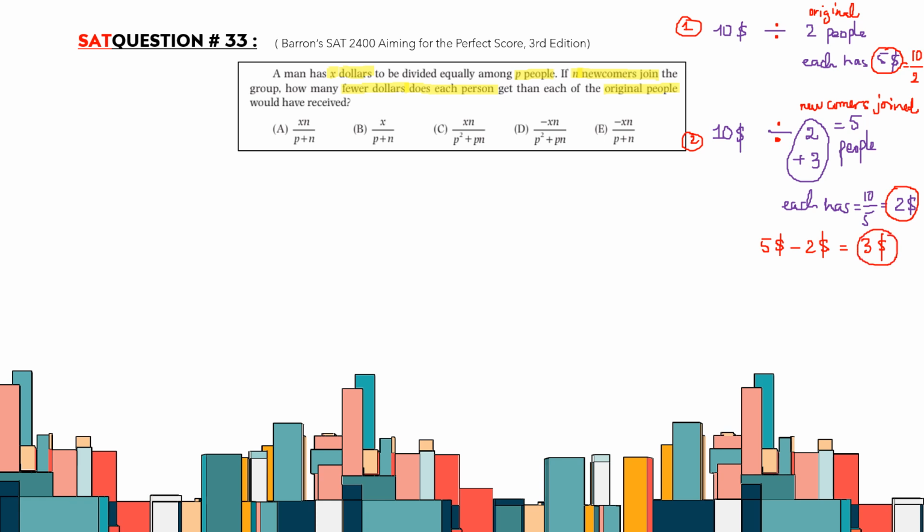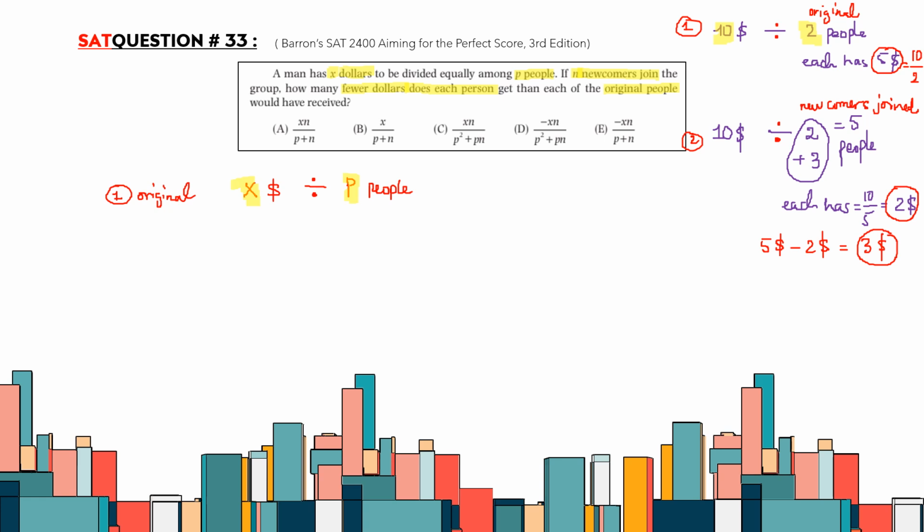Now we go back to our question. Instead of using the numbers, we're using the letters. Originally, we have X dollars, and then we divide among P people. X dollars, P people. We have $10, 2 people. See that?